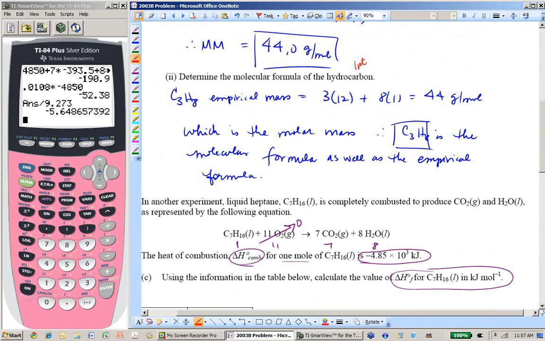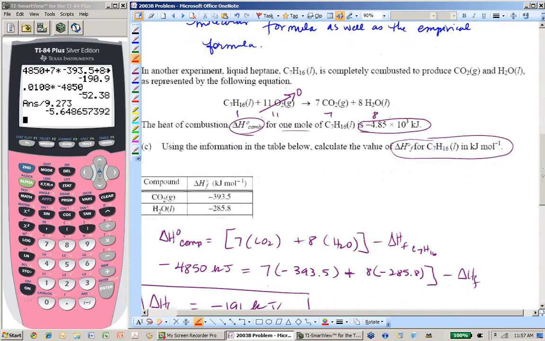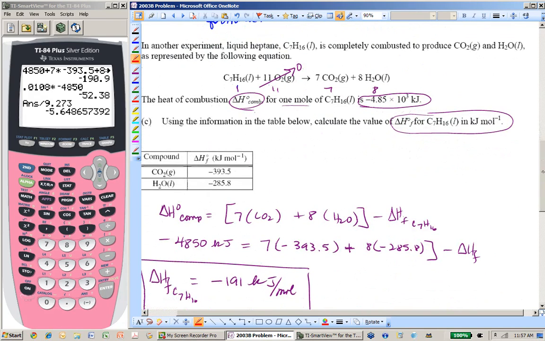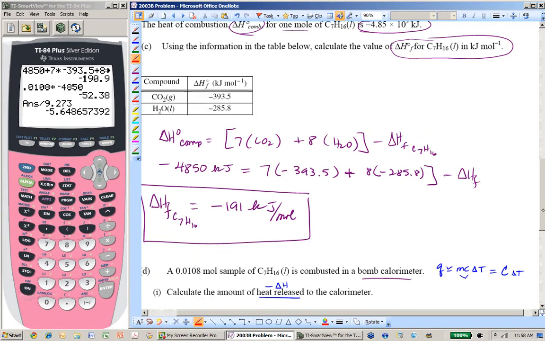And then a point for stating that this was the complete molecular formula, and however you verified it. You don't have to verify it the way I did. There's other ways. So you have to have a verification there. Then, on this piece, a point for the correct use of coefficients.